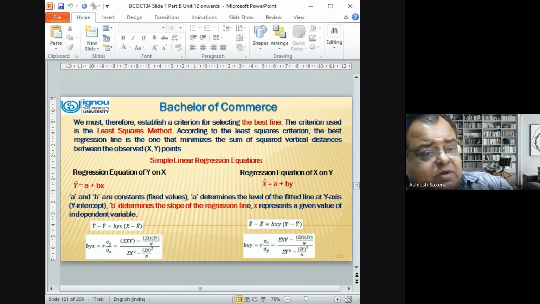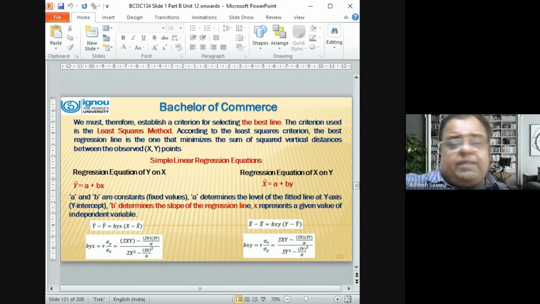Suppose we talk about the regression equation of y on x. So y is equal to a plus bx, where a and b are constant fixed values. a determines the level of the fitted line at the y-axis, that is the y-intercept, and b determines the slope of the regression line. x represents the value of the independent variable.